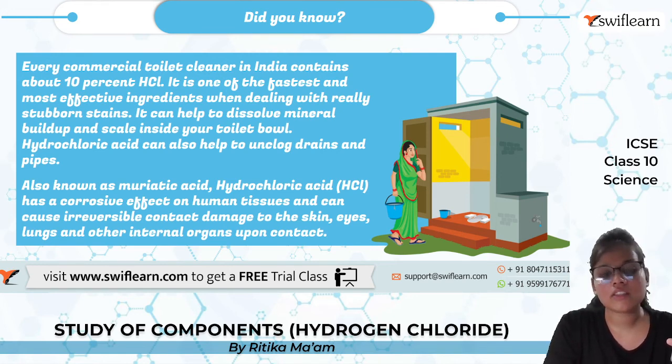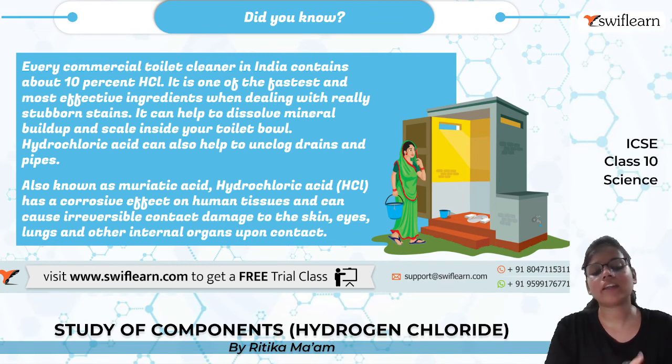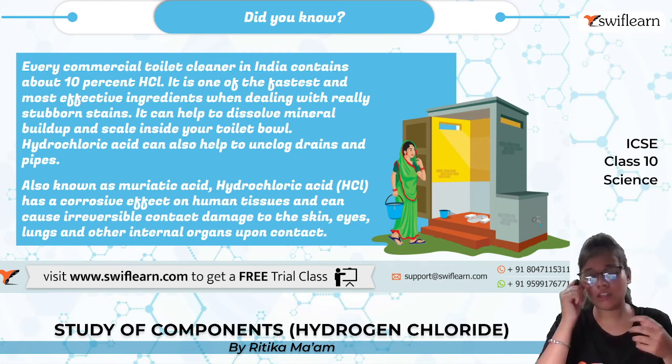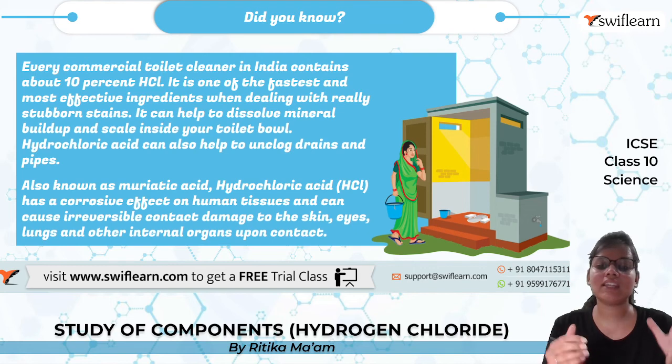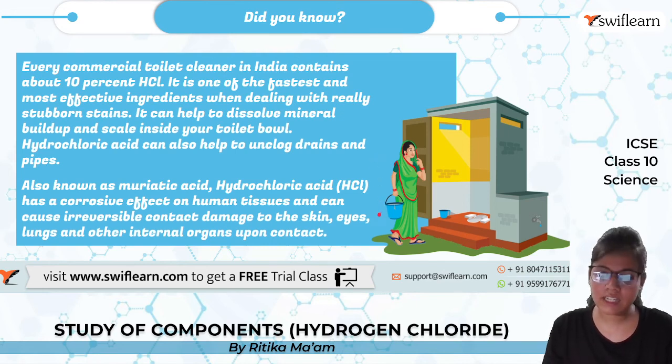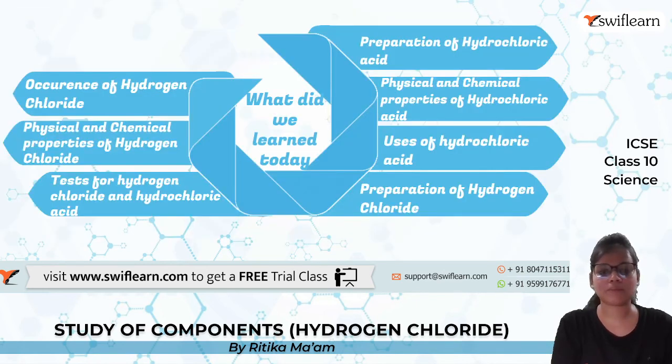Also known as muriatic acid, hydrochloric acid has a corrosive effect on human tissues, and it can cause irreversible contact damage to skin, eyes, lungs and other internal organs. So whenever we use or experiment with these chemicals, we should always be careful, especially with acids.